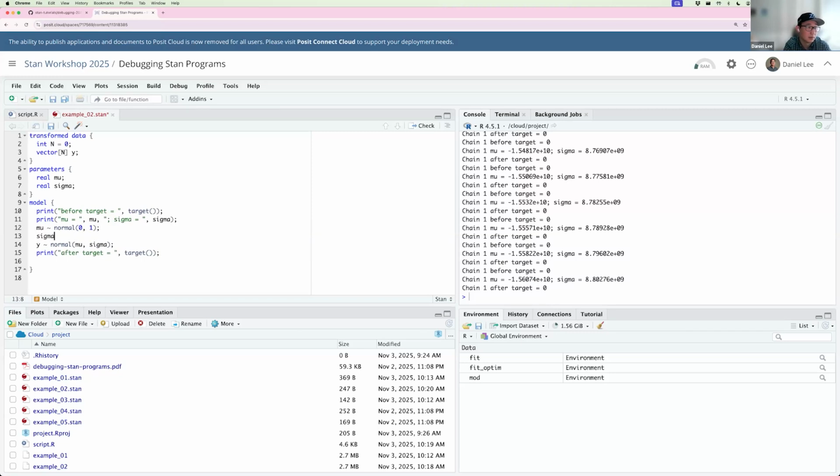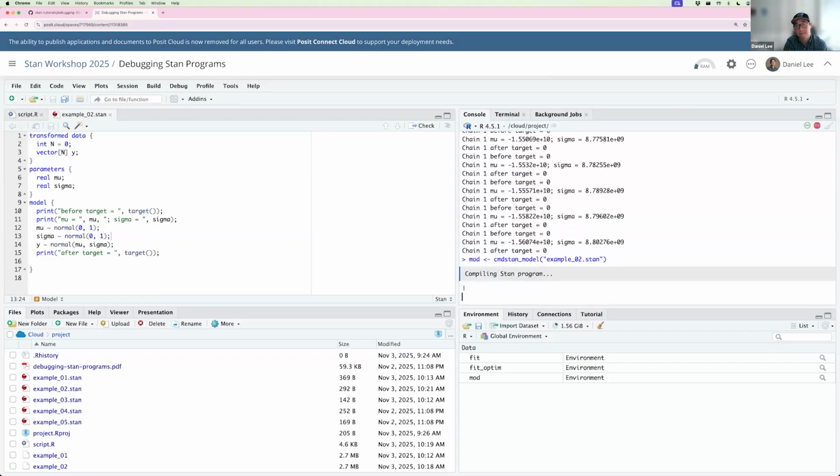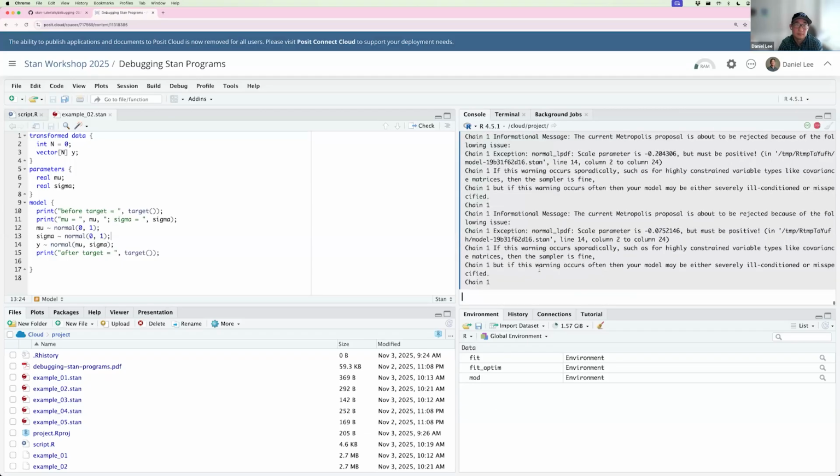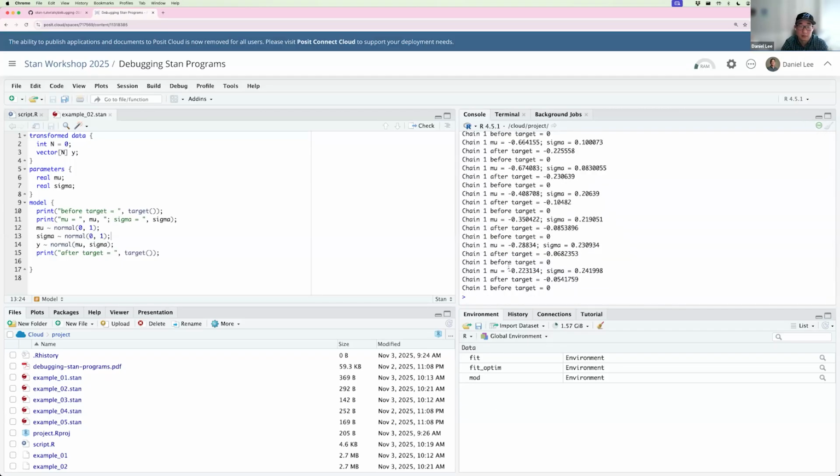What ends up happening is if we do something like this, you're going to see this target change. So before, target is 0, and at the end it's going to be minus 0.05.